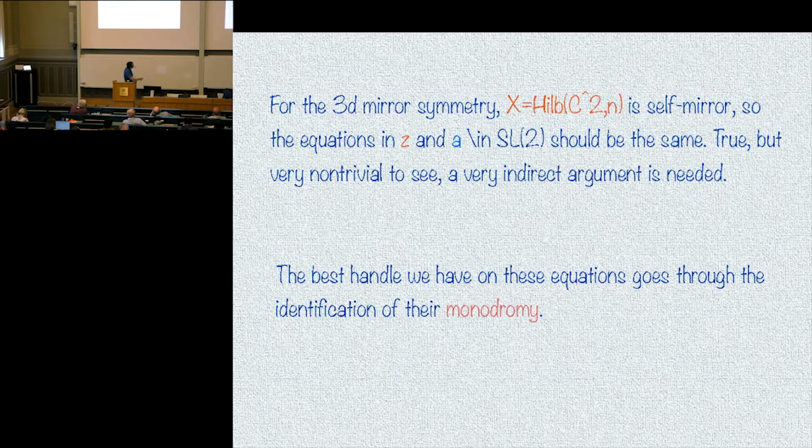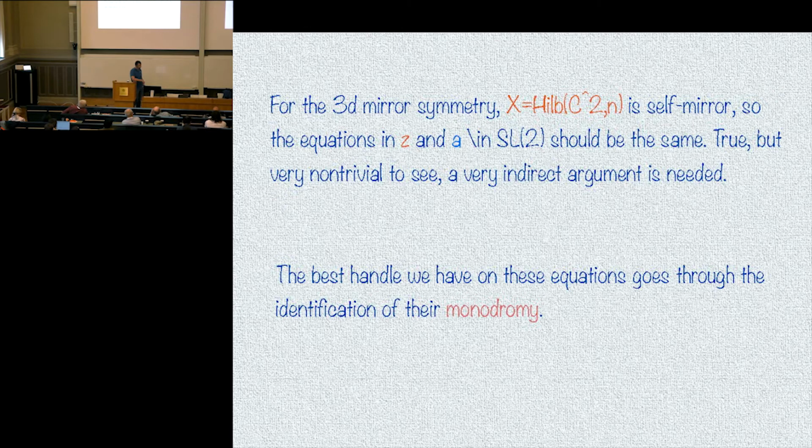And so with respect to 3D mirror symmetry, the Hilbert scheme of points is supposed to be self-mirror. So the equation in z and a, these variables z and a, should be the same, which is true. But it's not something you prove by inspection because, like I said, the equations themselves are beautiful, but not trivial.